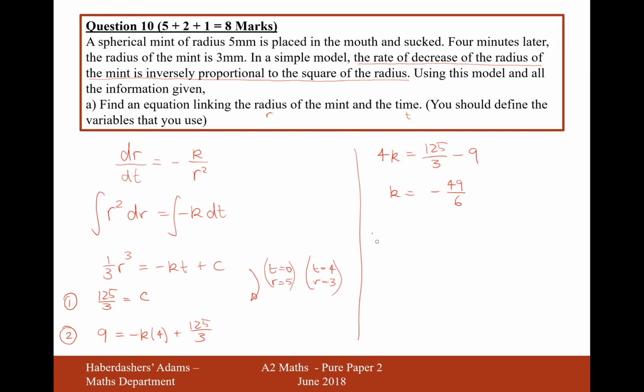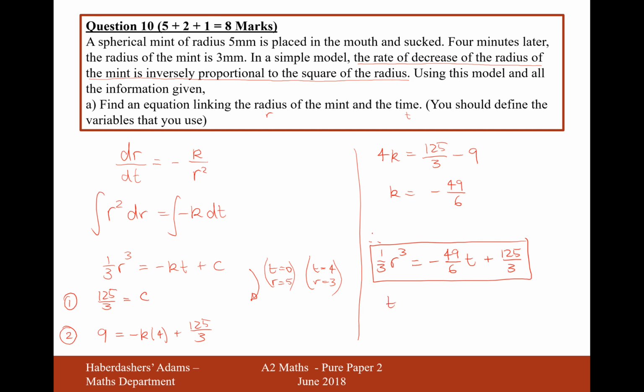Okay, so it's a bit of a weird number, but therefore that is the answer. So therefore, we're going to have 1/3 r cubed equals minus 49 over 6 t plus 125 over 3. So there we are. This is the formula that links the radius and time.